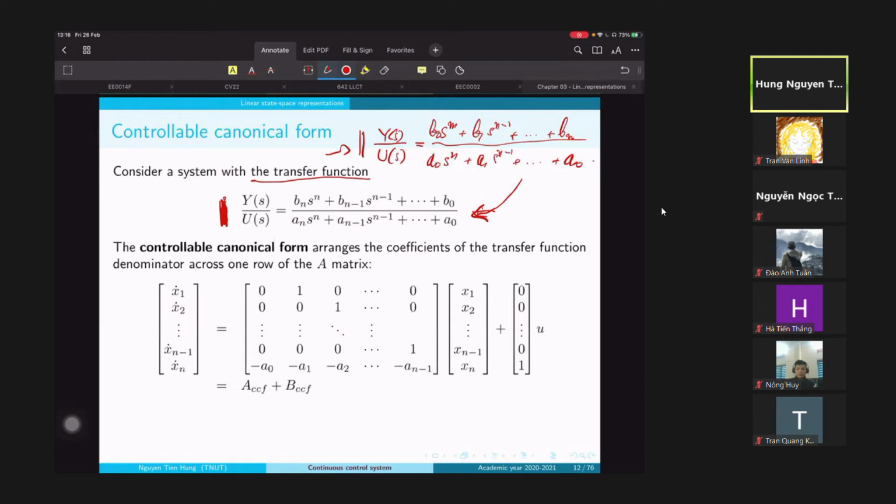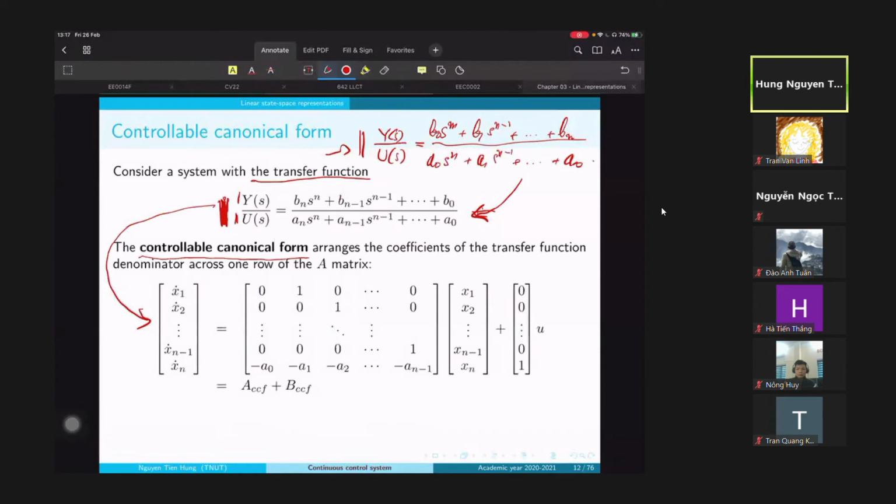If we look at the transfer function in this form, you already know it from System 1. This is the output Y, and here we have the input U. This is the Laplace transform of the output and the Laplace transform of the input. We assume that all the initial conditions are 0. So the controllable canonical form of this system can be like this.